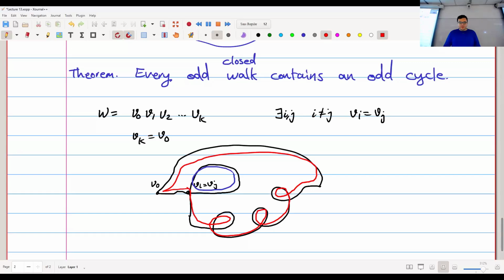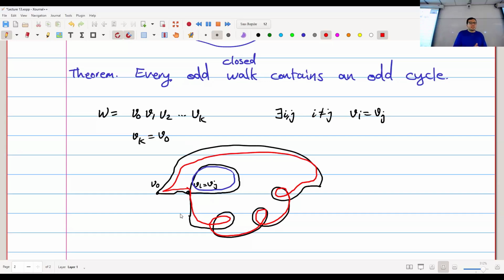Whichever is odd, I take it and I continue doing the same process on it. This process cannot go on forever because of infinite descent, because my number of edges is going down every time. So at some point, I get to an odd closed VOC where I don't have any repeated vertices in between. And when that happens, that's a cycle.